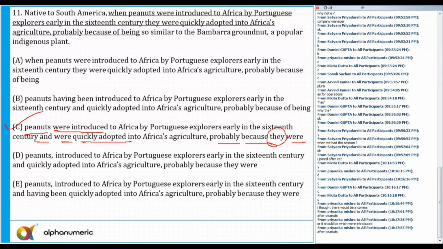Let us read it like this: Native to South America, peanuts which were introduced to Africa by Portuguese explorers early in the 16th century and were quickly adopted into Africa's agriculture, probably because they were so similar to the Bambara groundnut, a popular indigenous plant. After that, it is not a complete thought. You did not complete the thought.